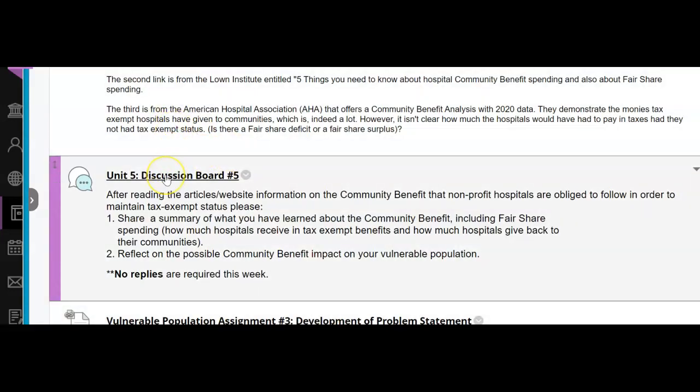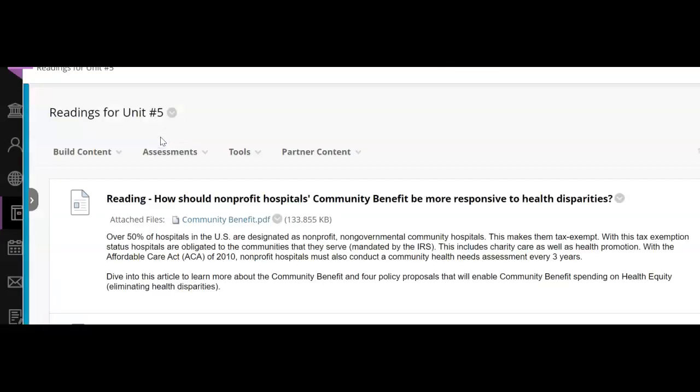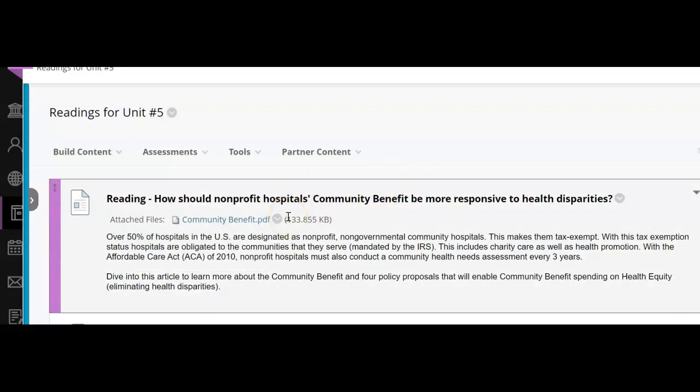Looking at the readings for learning unit number 5, I gave you a brief summary of those readings. But first, how should nonprofit hospitals' community benefit be even more responsive to healthcare disparities?